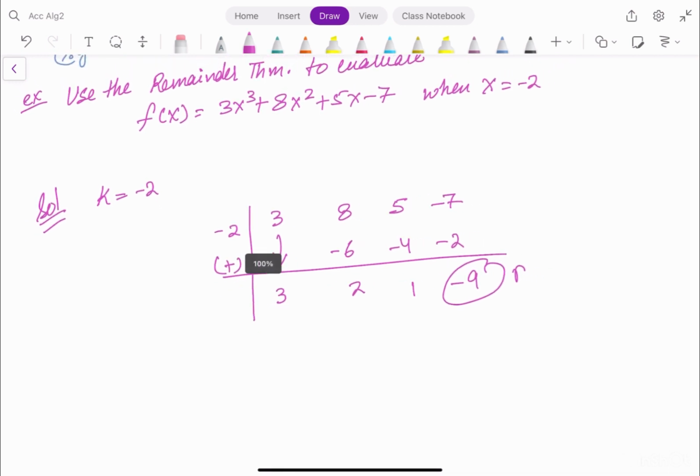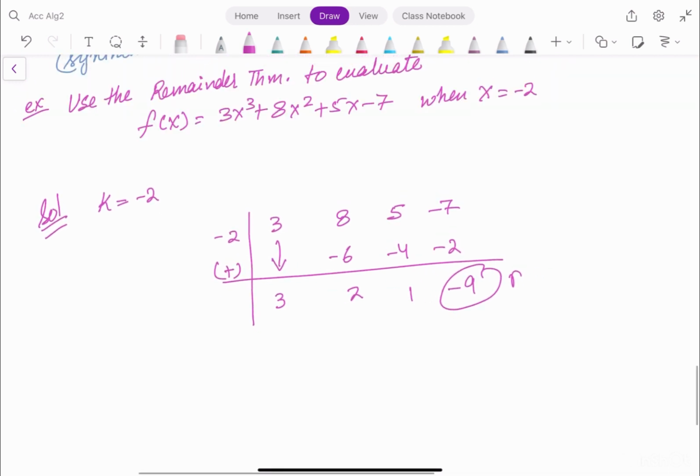So -9 is the remainder. So R is equal to f of k as per the remainder theorem. So if I plug -2 in the function, I will get -9. So my coordinate is -2, -9. This is what the remainder theorem talks about.